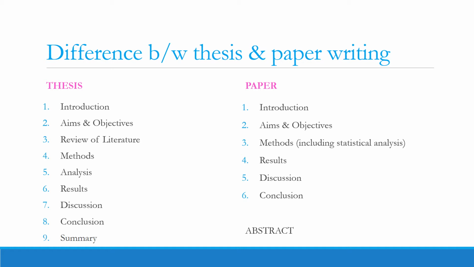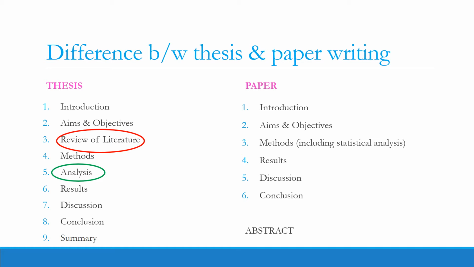Actually, both the thesis and paper are almost the same, and the review of literature of a thesis is utilized in writing the introduction and discussion sections of a paper, while the analysis section is sometimes included in the methodology section of a paper, or it might be written separately as demanded by various journals.